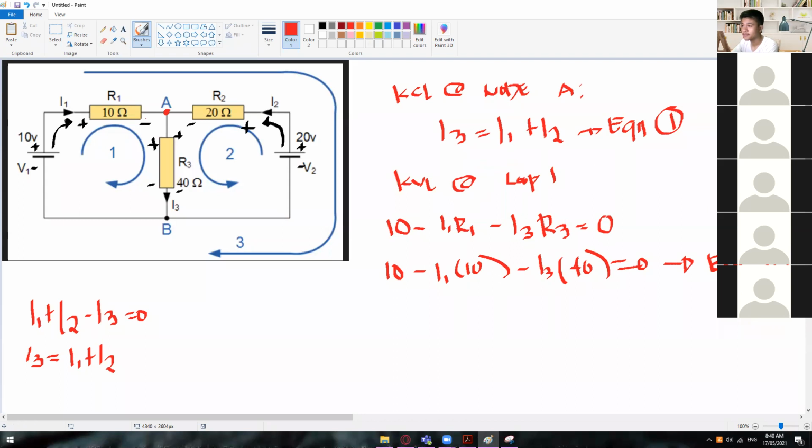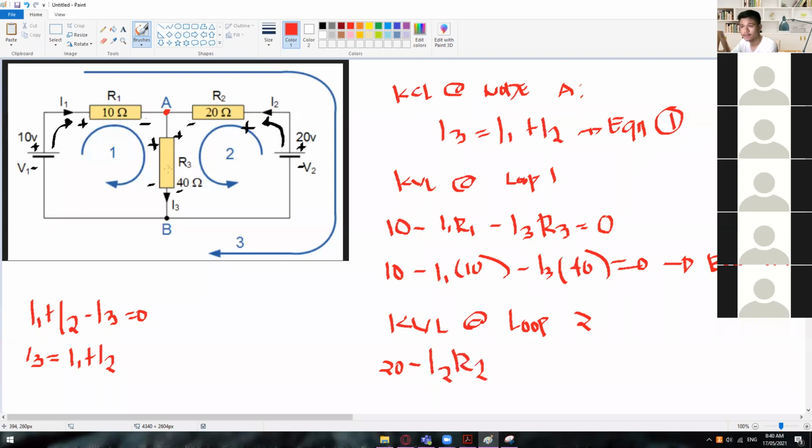So yeah, that's it for the KCL and then the KVL at loop 1. Now, we have another loop, which is KVL at loop 2. In here we have already put the signages. So we have positive 20 volts. And then we have here negative I2 times R2.